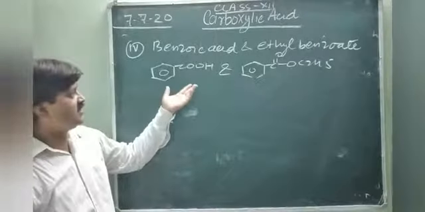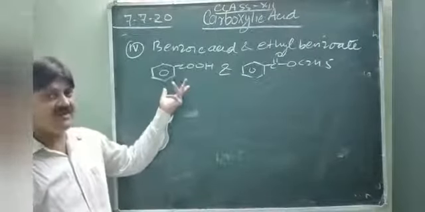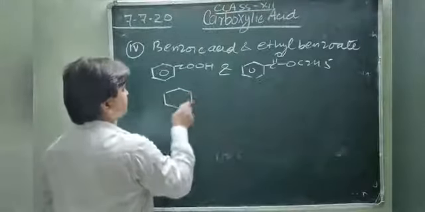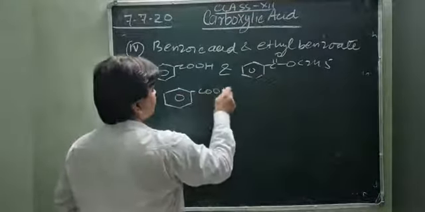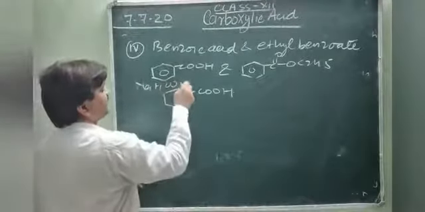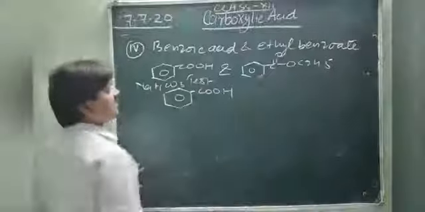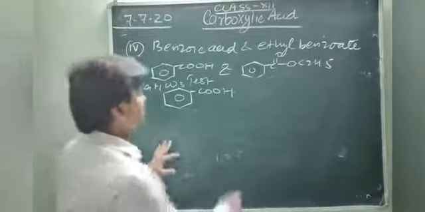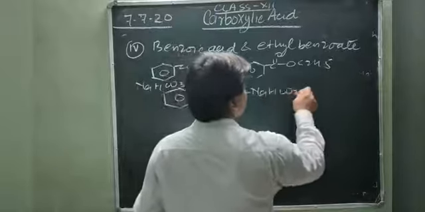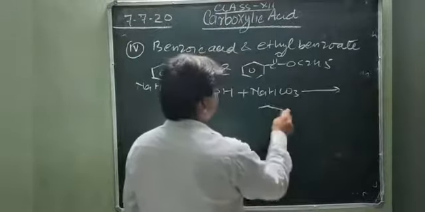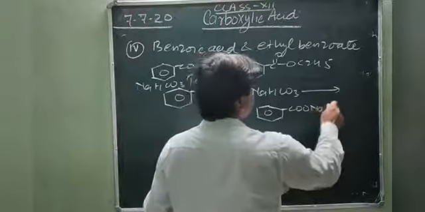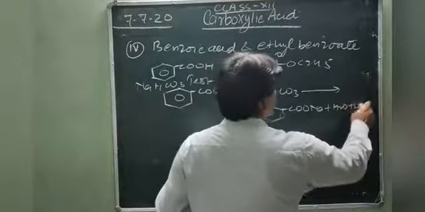In the previous pair of compounds, this was given. With sodium bicarbonate, it gives brisk effervescence. By the sodium bicarbonate test, NaHCO3 test, you can distinguish between ethyl benzoate and benzoic acid. Sodium bicarbonate forms sodium benzoate, C6H5COONa, plus H2O and carbon dioxide.